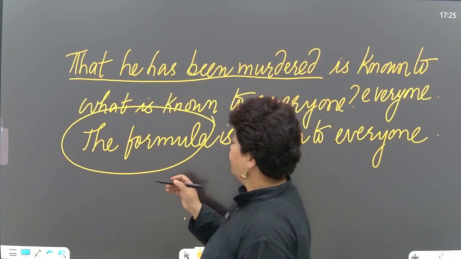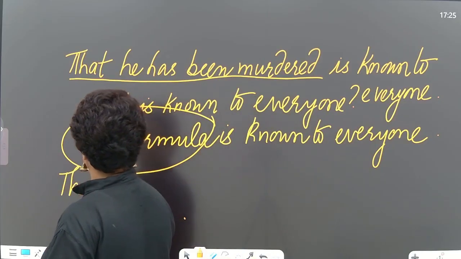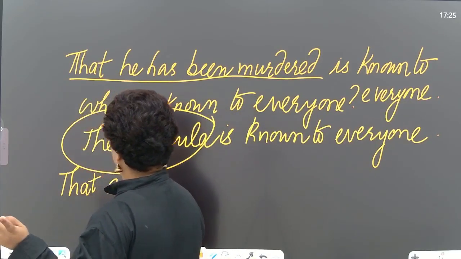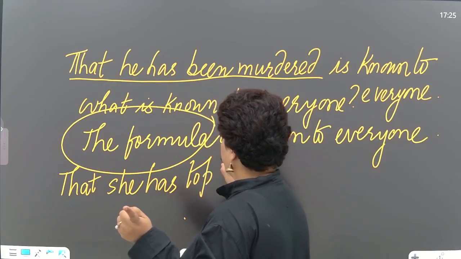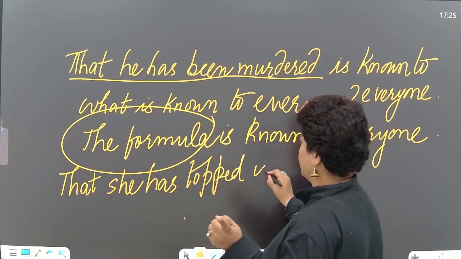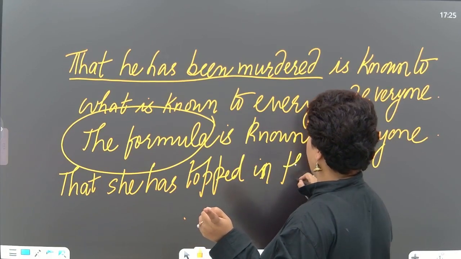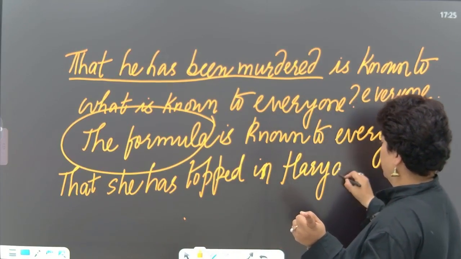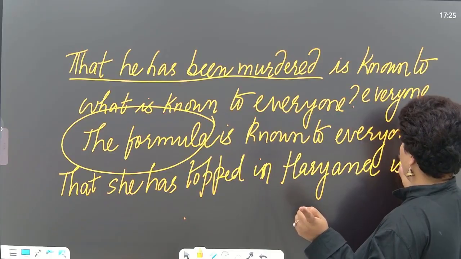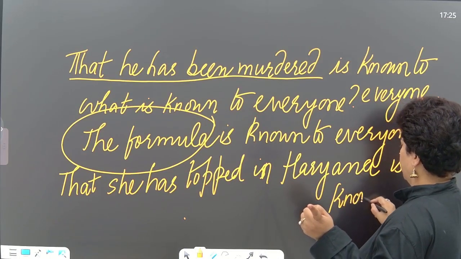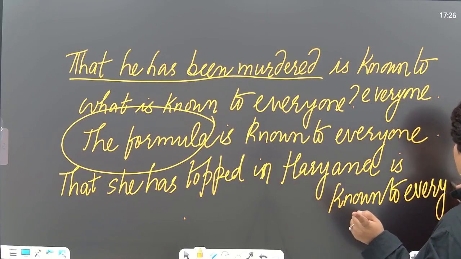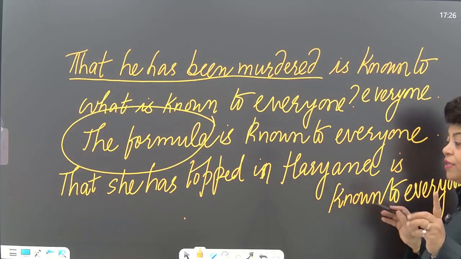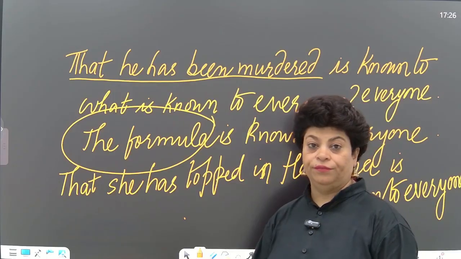I write that she has topped in Haryana is known to everyone. Wow, everyone means everybody knows that she has topped in the class.